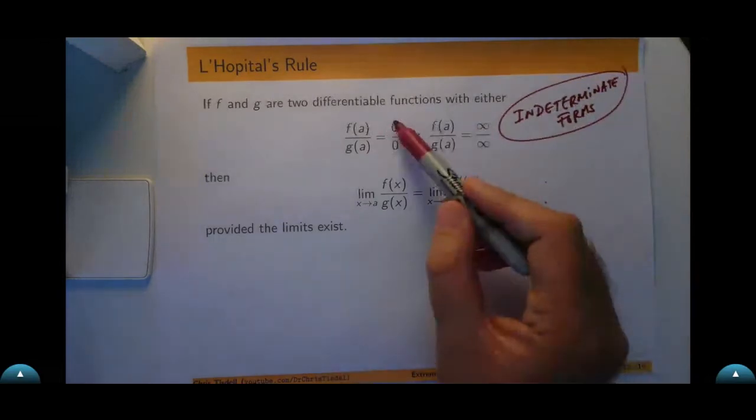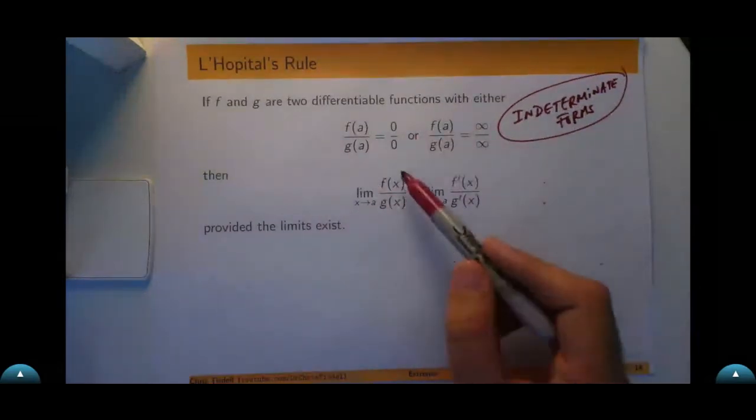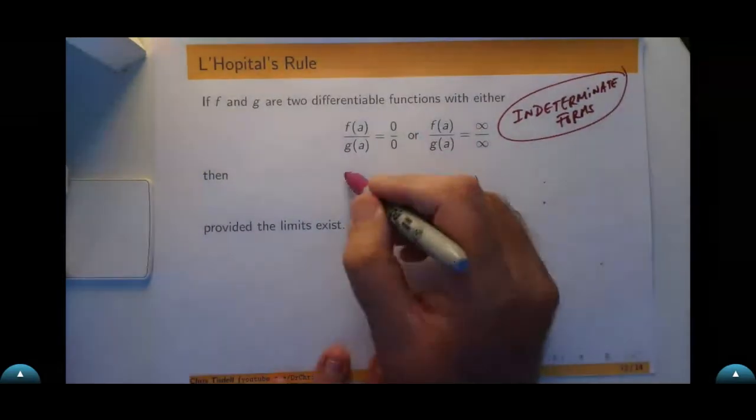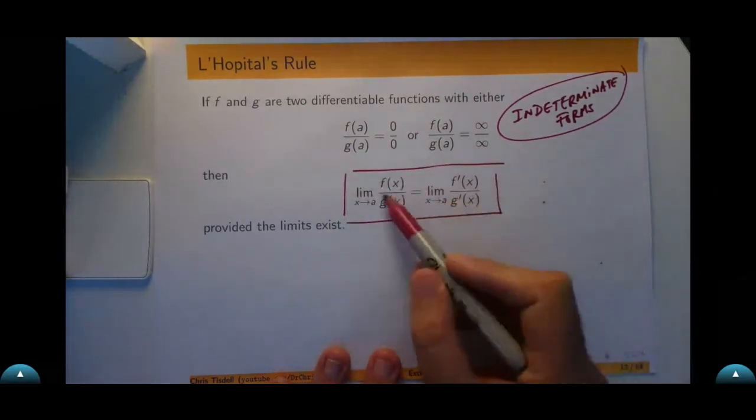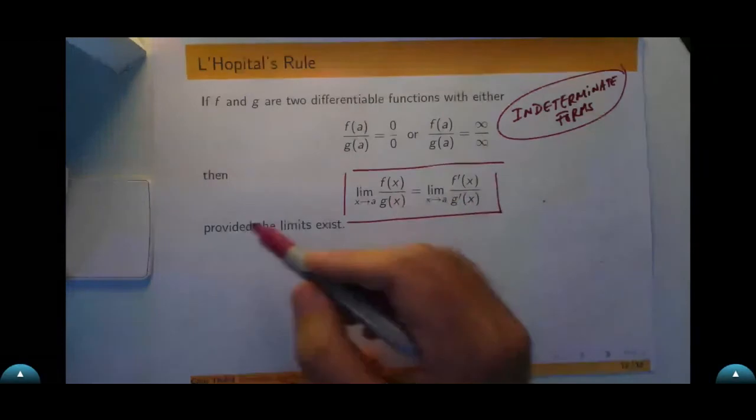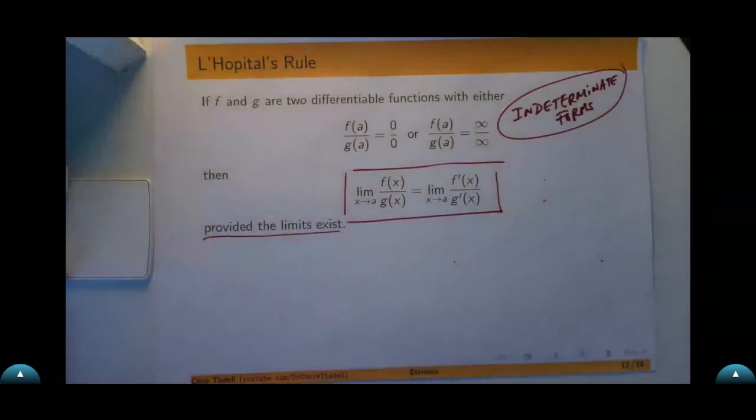And it's hard to work out what these things actually mean, right? So the basic idea is that you differentiate the top, you differentiate the bottom, and you retake the limit, provided the limits exist. Okay, so L'Hopital's rule is pretty easy to apply.